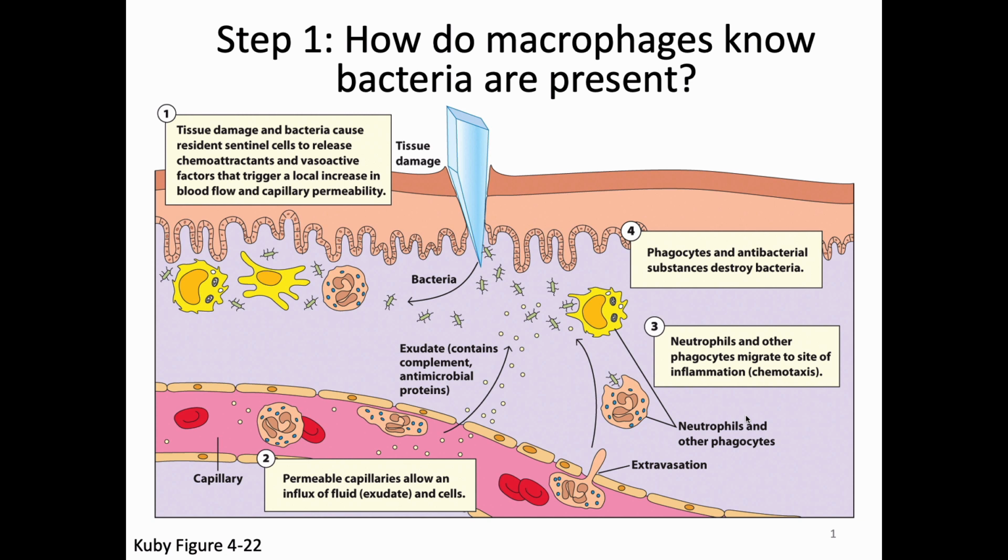In order to do that, they need to be able to recognize bacteria and know that there are bacteria present. Also remember that this whole process leads to some of the cardinal signs of inflammation: redness, heat, swelling, and pain that you are all aware of. We're going to see them come up, and I'm going to make some comments about them a little bit later.